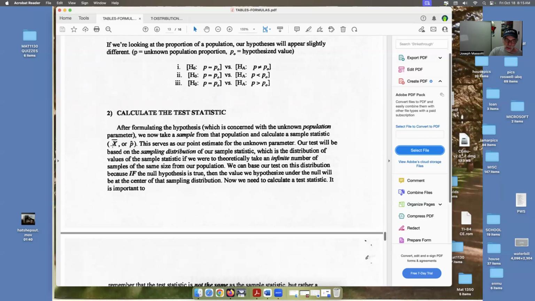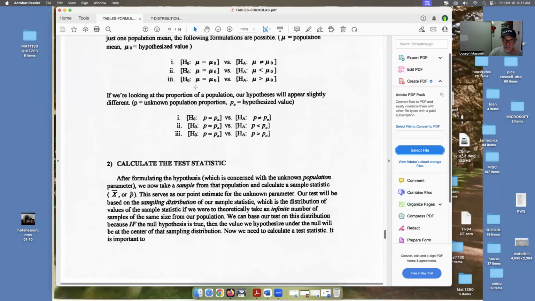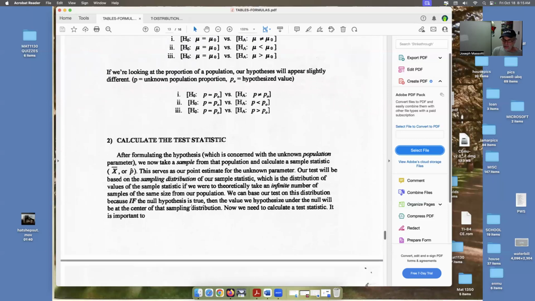Either X bar, sample mean, or P hat, sample proportion. Remember, these are sample statistics estimating these unknown population parameters. And then we're going to look at the sampling distribution of that sample statistic. And basically, we're going to say, how surprising is our result if our null hypothesis is true?